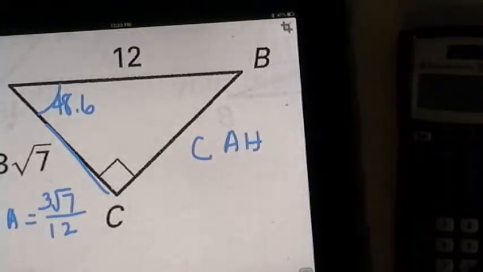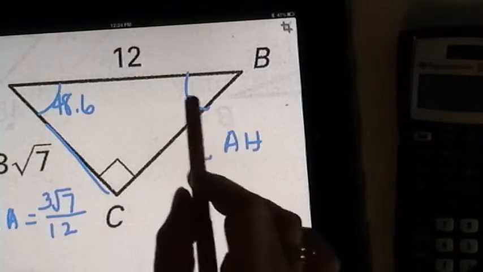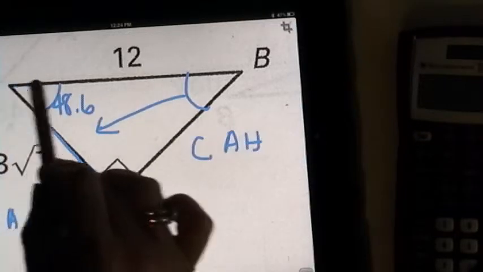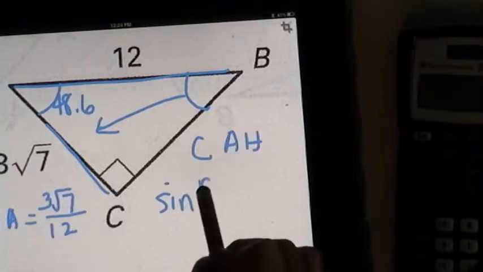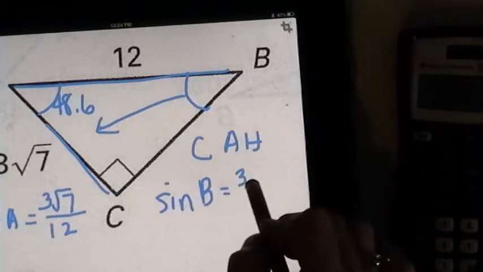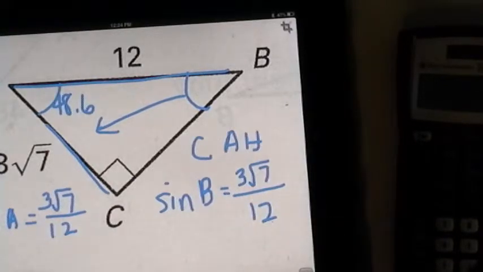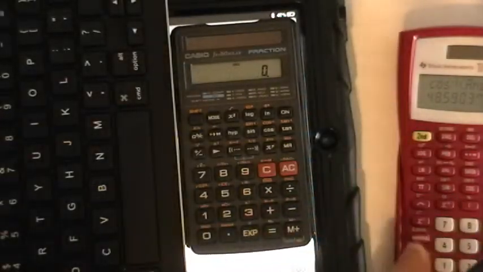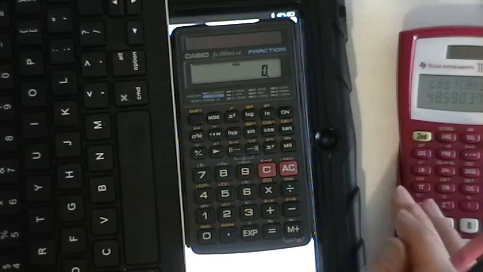But since we're here, we may as well do it. Let's find it using angle B, and that would be the opposite over the adjacent. So let's say sine B is the opposite, 3 root 7, over the adjacent side, which is 12. And I'm going to do this one on the Casio. Usually you're using a Texas Instruments, but one day you may not have it and you need to use a Casio, so it's good for you to learn both ways.